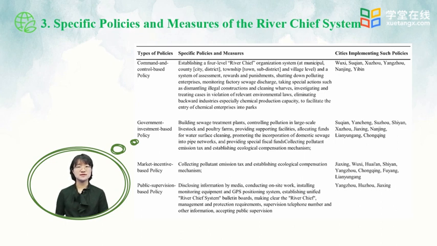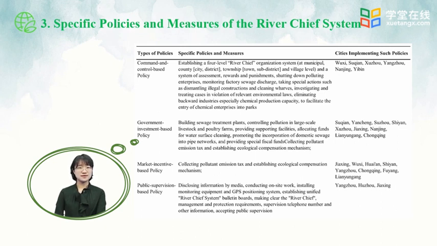Formulating a system of assessment, rewards, and punishments, setting specific policy targets for river pollution control and emission reduction, shutting down polluting enterprises, monitoring factory sewage discharge, taking special actions such as dismantling illegal constructions and cleaning wharves, investigating and treating cases in violation of relevant environmental laws, eliminating backward industries, especially chemical production capacity, to facilitate the entry of chemical enterprises into industrial parks.